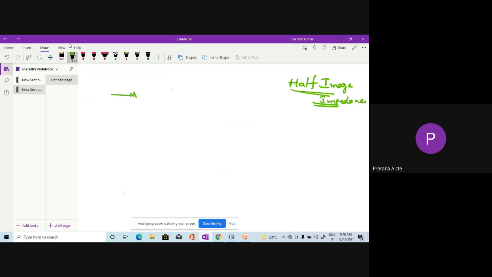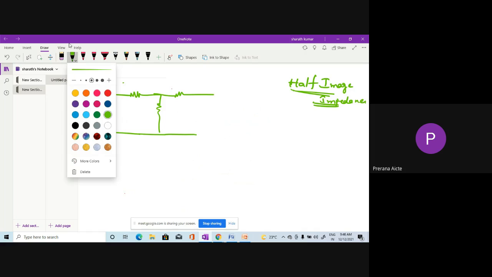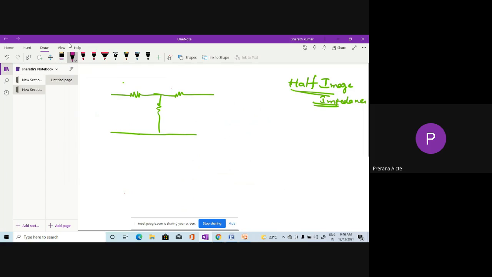I have a network. Obviously we are generally assigning Z1, Z2 and Z3 here. So what is the off image impedance of this network?